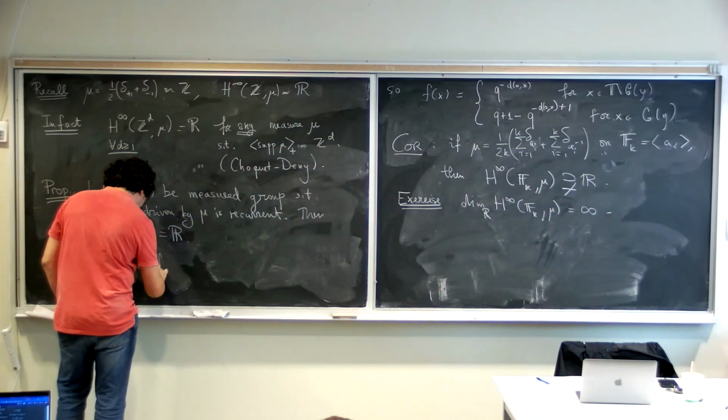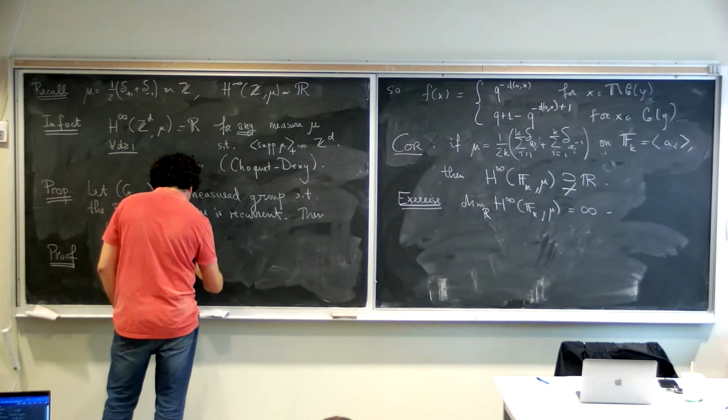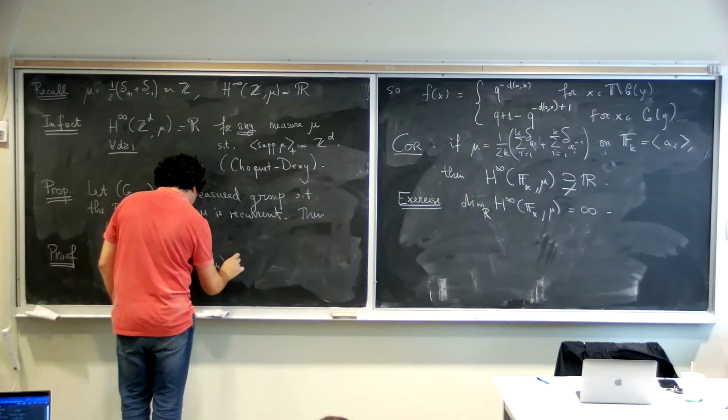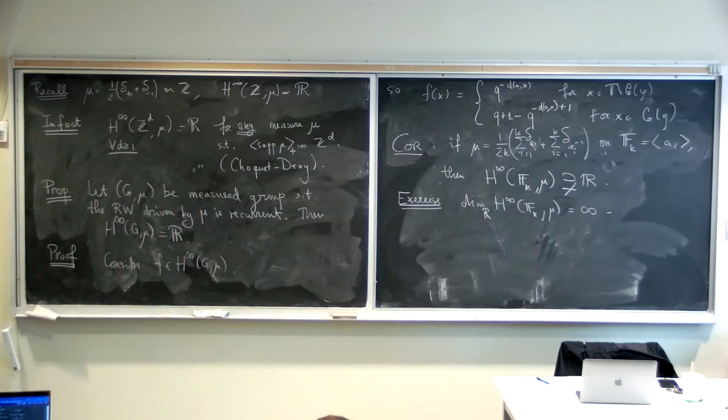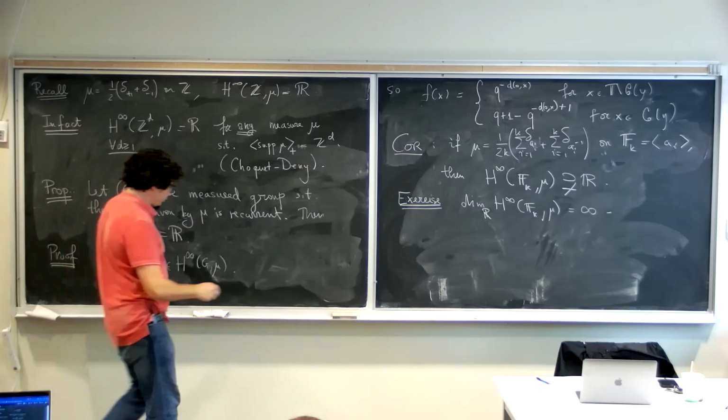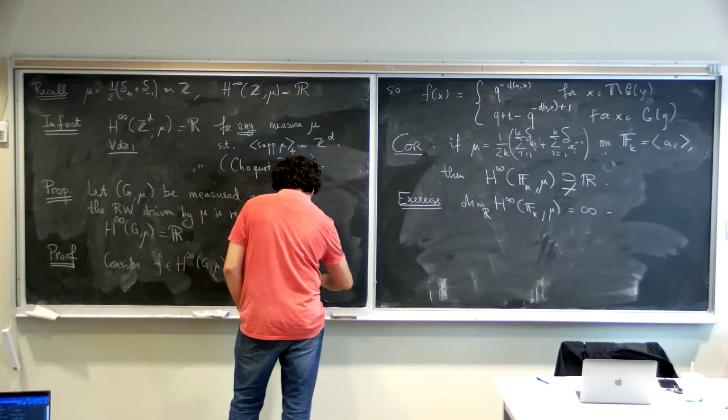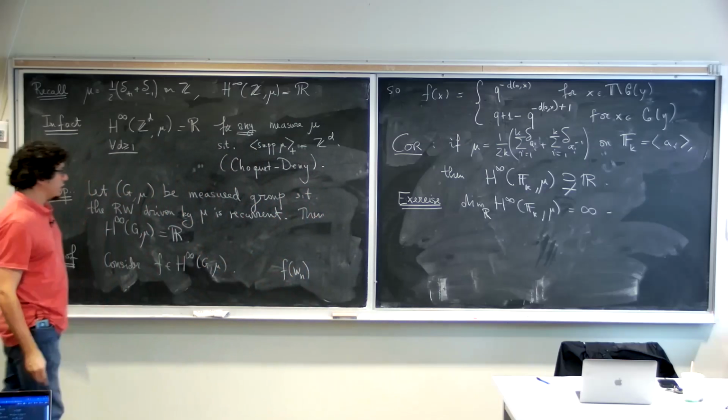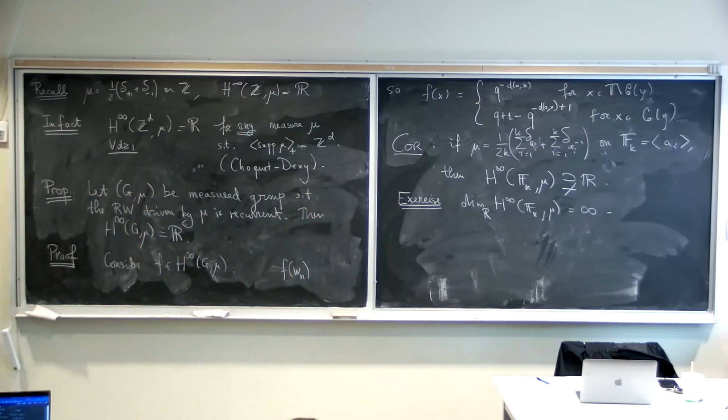So we start with f, a bounded harmonic function, and take f of W_n, where W_n is a random walk on this group.